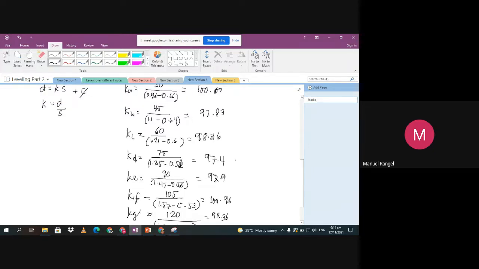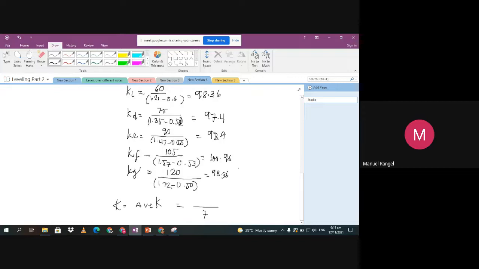What is the value of K? K is 98.83. So the stadia interval factor of the instrument is 98.83.